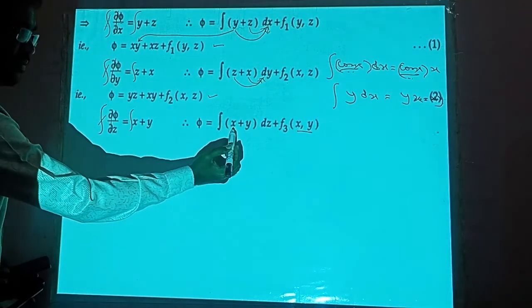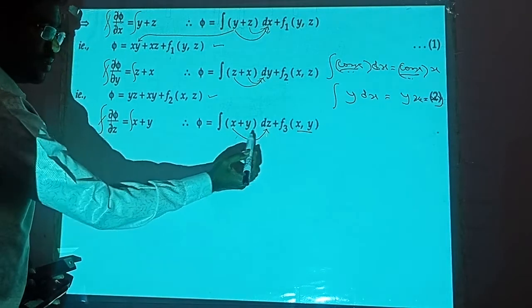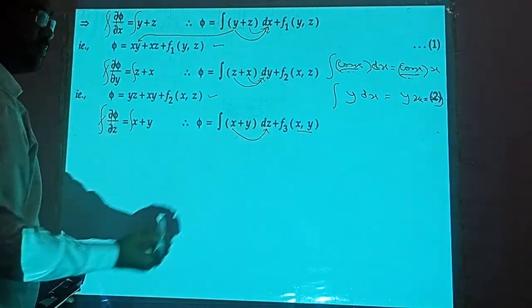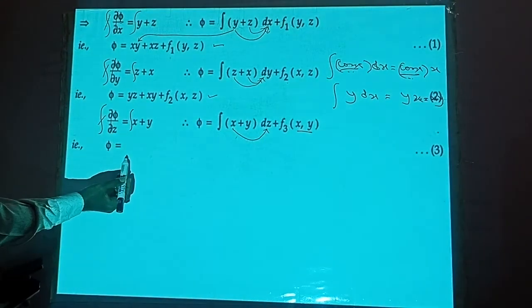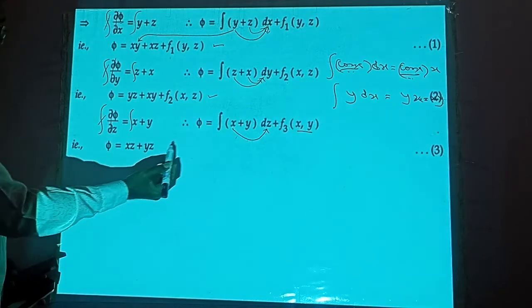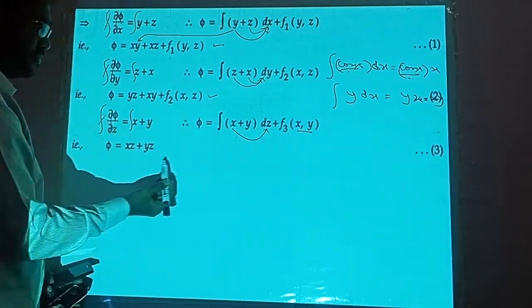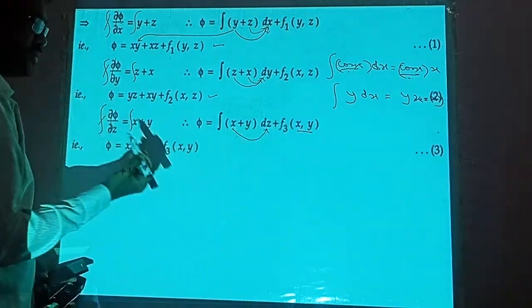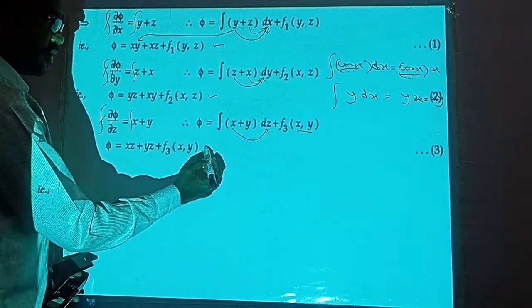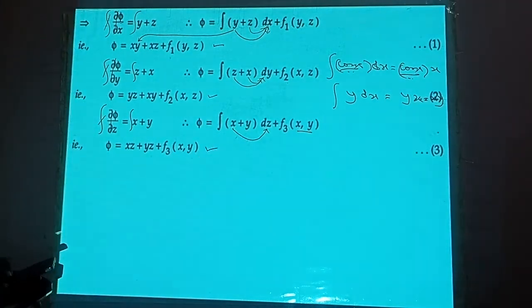What is the integration of x with respect to z? Yes, it is xz, plus the integration of y, which is yz, plus the integration constant. So in this way we got one more function phi.